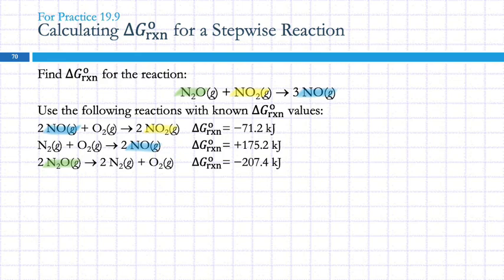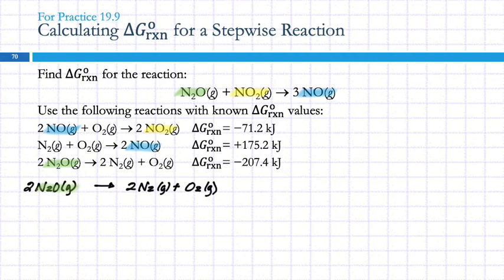What I like to do is just start with the first reactant, and I'm going to find the chemical reaction that has that compound in it, and I'm going to make sure that it's on the correct side of the arrow. So I've got 2N2O gas is going to make 2N2 gas plus O2 gas.